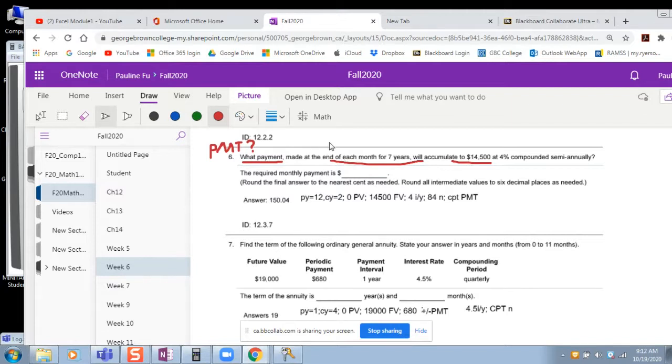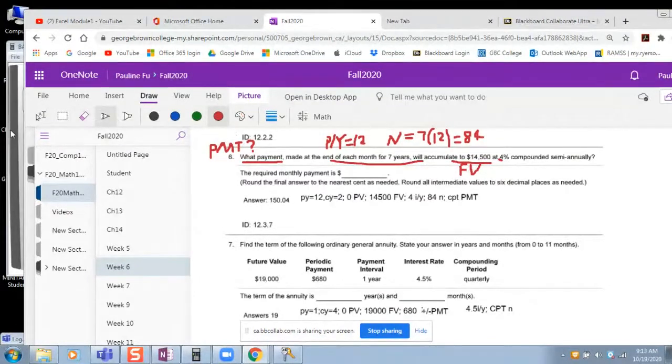End of each month means PY equals 12. For 7 years, N equals 7 times 12, equal to 84. Accumulate is FV, 14,500, and 4 is IY, 4%.